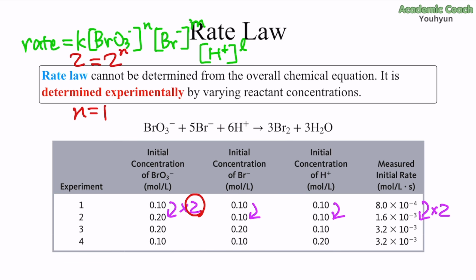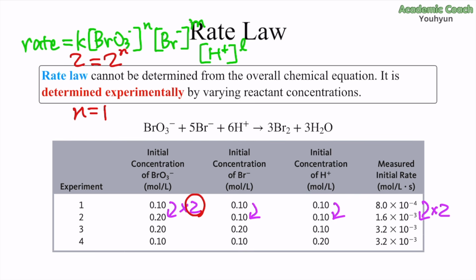And I'm going to do the same for bromide. So to figure out M, I need to make sure bromate and protons remain the same. And that would be experiment 2 and 3.